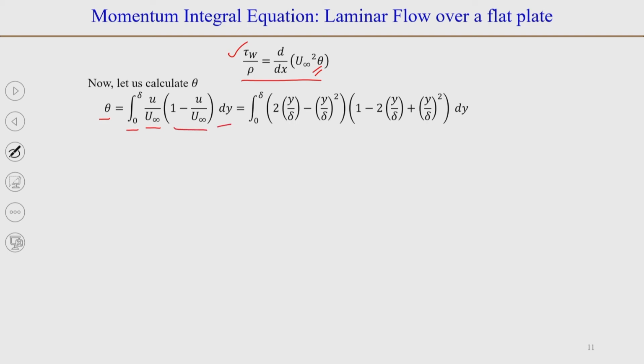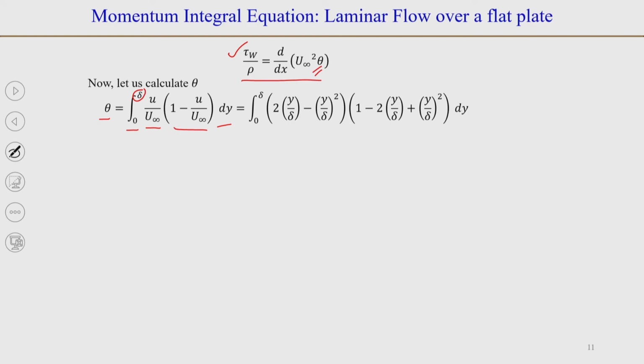Just to remind again, we use the limit delta or infinity interchangeably, because when we are in the outer region, u is equal to u infinity, so the term 1 minus u by u infinity is 0.